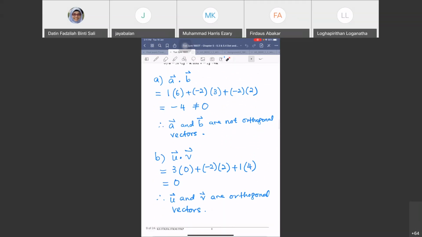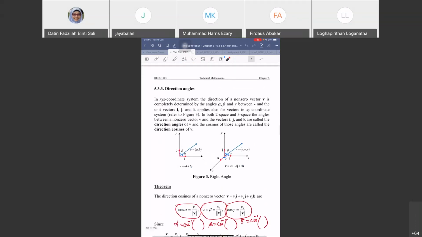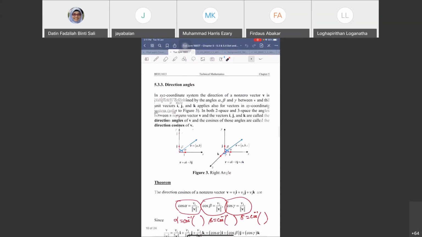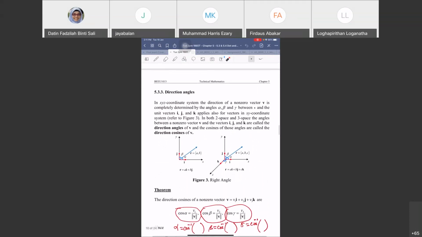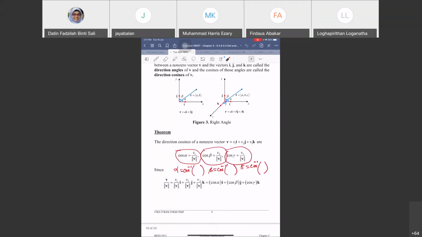Based on the definition earlier in terms of the angle, cosine theta, we also have the concept of what we call direction angles, or direction cosines.